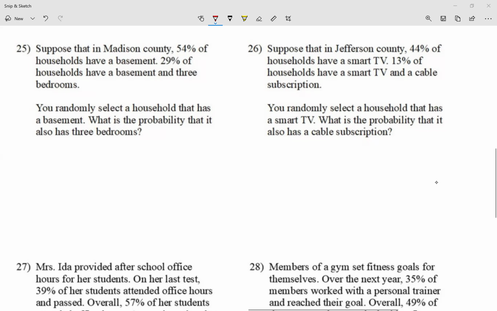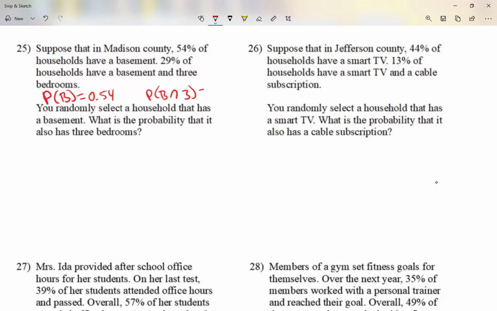The probability of a basement is 0.54. The probability they have a basement and three bedrooms is 0.29.